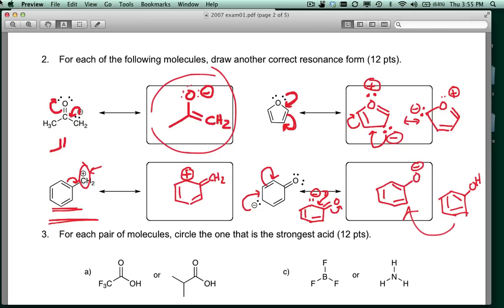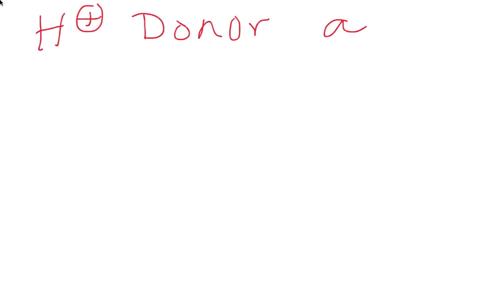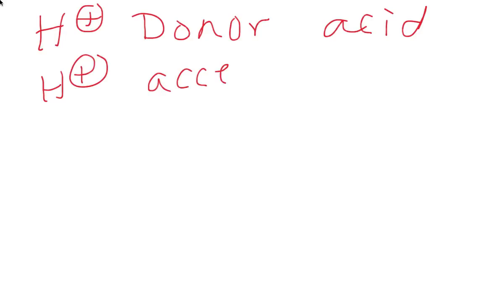A proton donor and a base is a proton acceptor according to the Bronsted-Lowry definition. So, a proton donor is an acid, and a proton acceptor is a base. Okay?